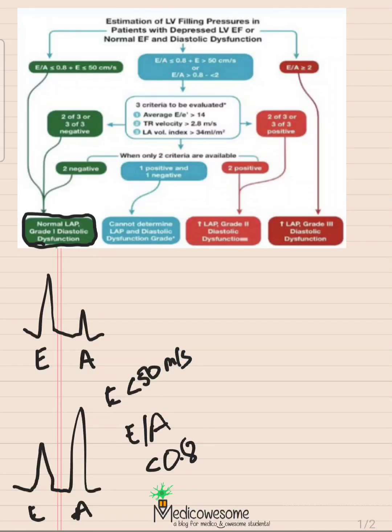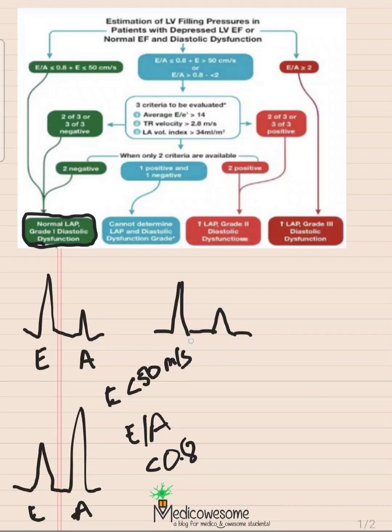Now, as diastolic function continues to decline, you have elevated LV filling pressures, and the atrial compliance also decreases, and your atrial contraction is not that effective anymore.